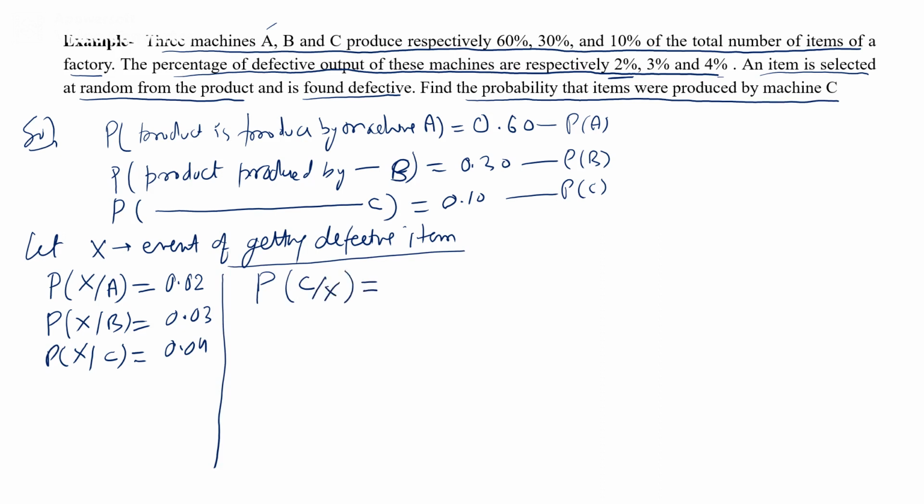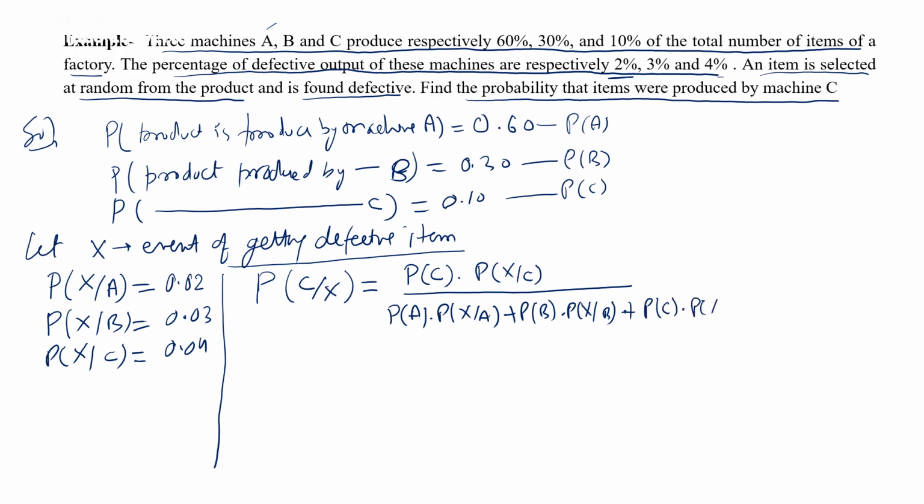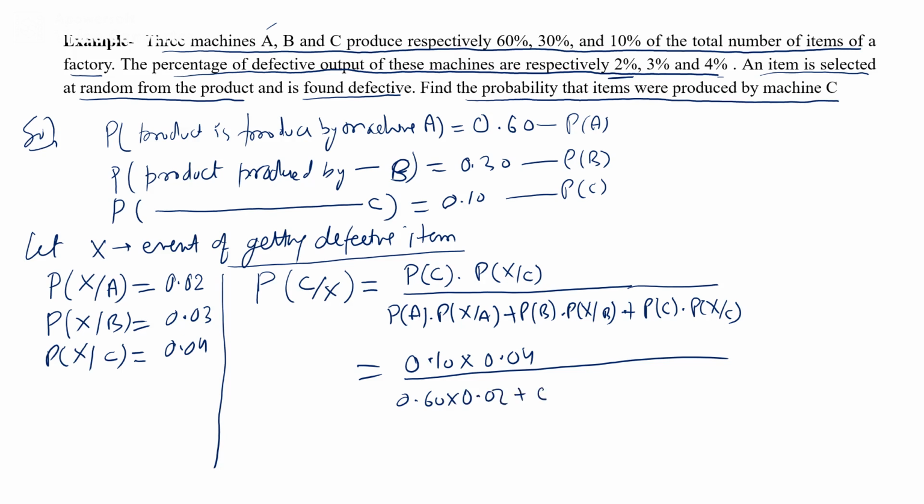So here we use Bayes theorem, that is we write probability of C into probability of X given C, upon probability of A into probability of X given A, plus probability of B into probability of X given B, plus probability of C into probability of X given C. Now we just substitute the values: 0.10 into 0.04, upon 0.60 into 0.02 plus 0.30 into 0.03 plus 0.10 into 0.04.